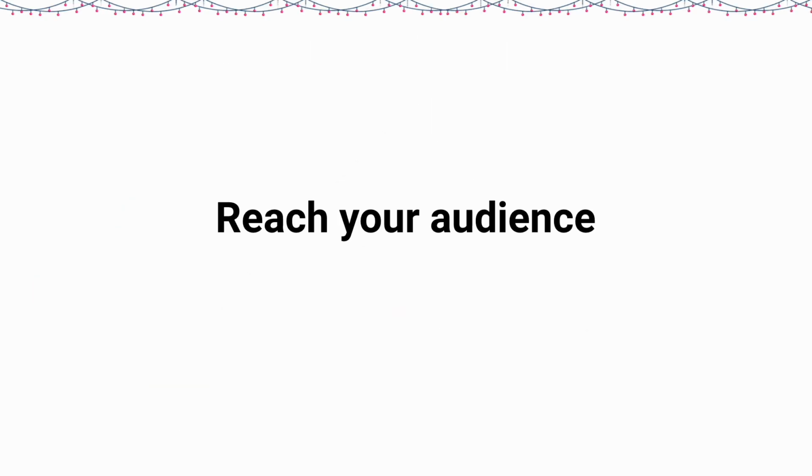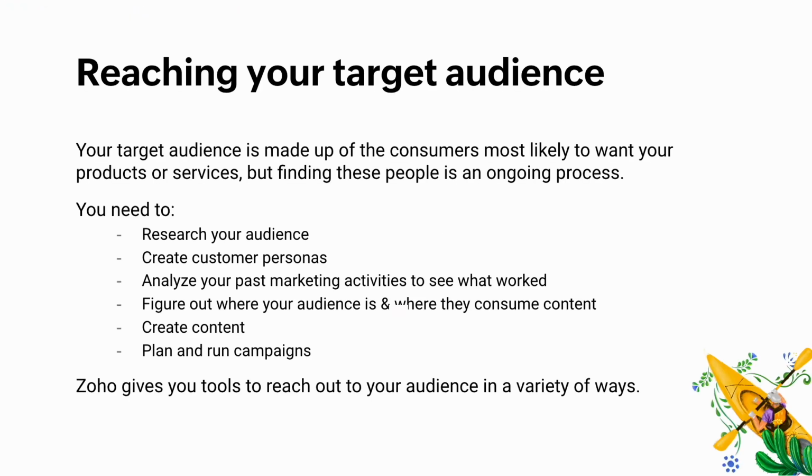We're going to start with how you can reach your audience using Zoho's tools. A little bit of academics before we get into the Zoho tool section: what is reaching your target audience supposed to denote? Your target audience is made up of the consumers who are most likely to want your products or services, but there's a lot you need to do before you start reaching out to figure out who your target audience is. You have to research who that audience might be.